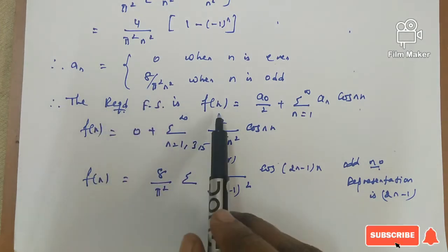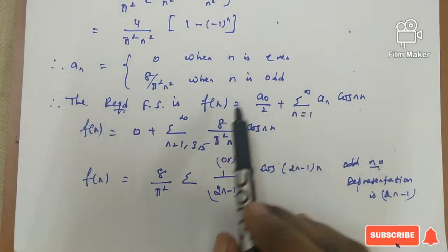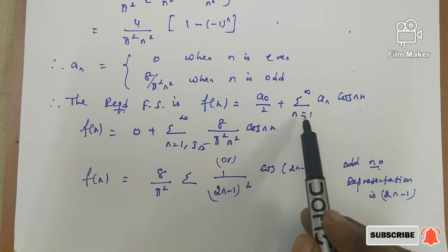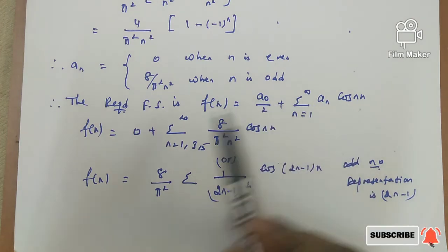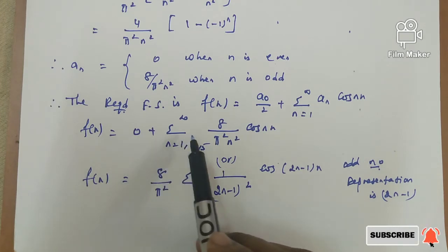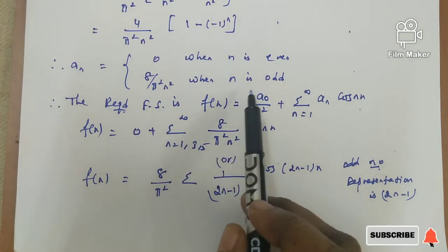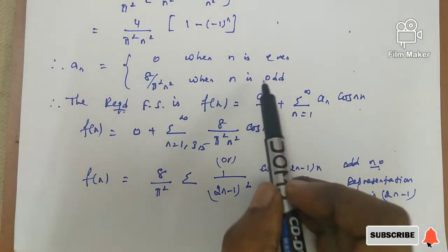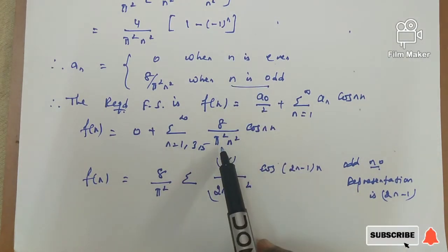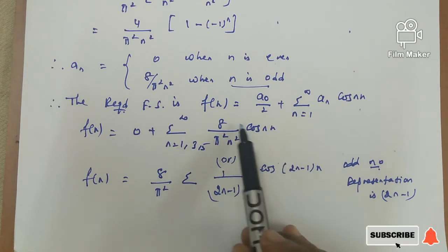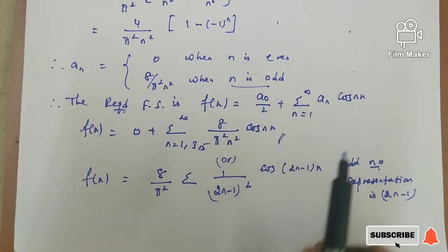So the required Fourier series expansion is a0 by 2 plus summation over n equal to 1 to infinity an cos nx. In this one, a0 is 0. So 0 plus sigma n equal to 1, 3, 5, because an takes a value only when n is odd, 8 by pi square n square cos nx. Up to this the Fourier series expansion is over.